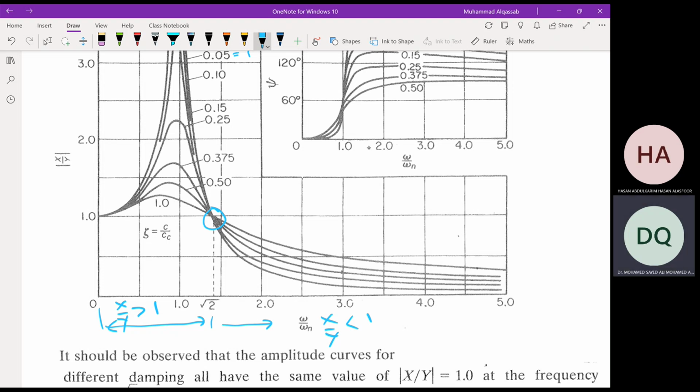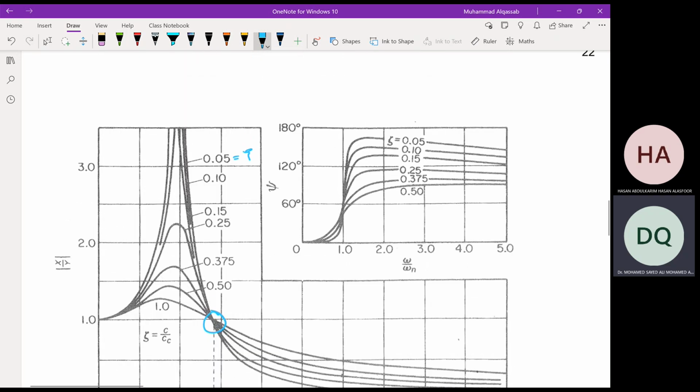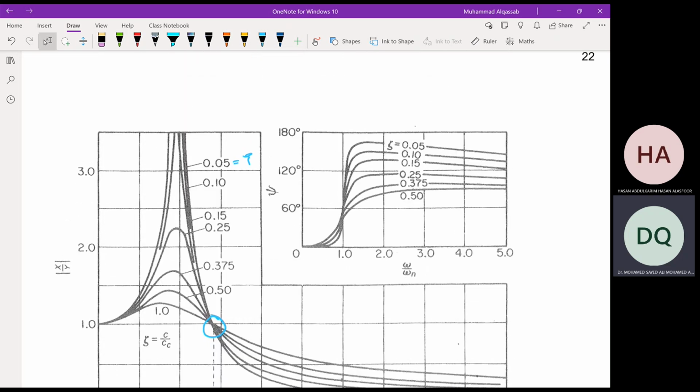And within the range from 0 to square root of 2, the resonance exists and the peak also exists. This could go to infinity at resonance when there is no damping, and can be very high if damping is very low near resonance.